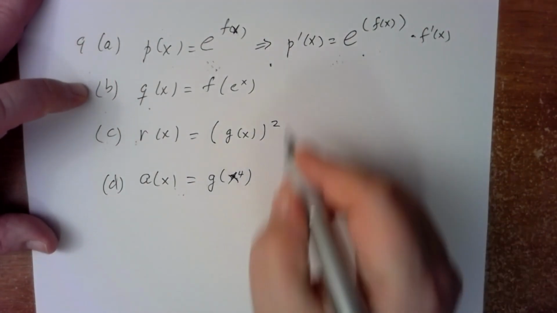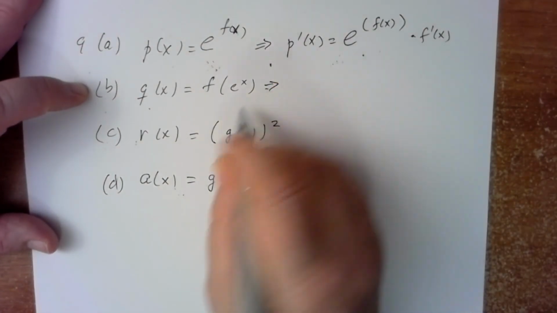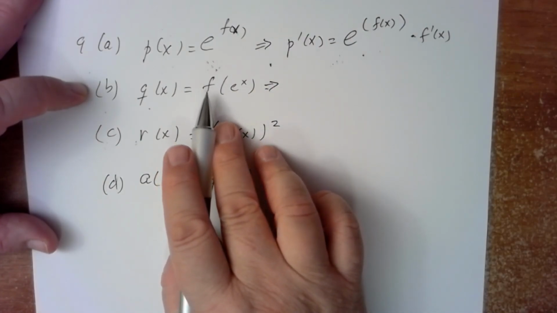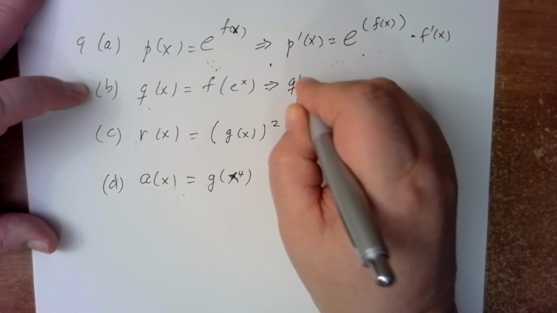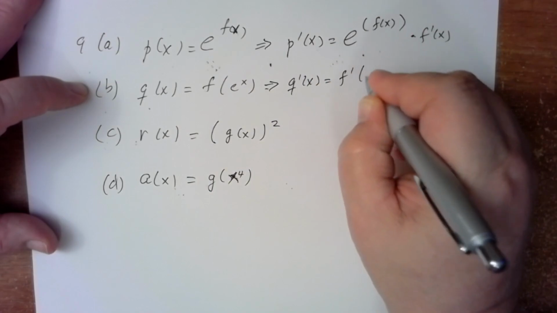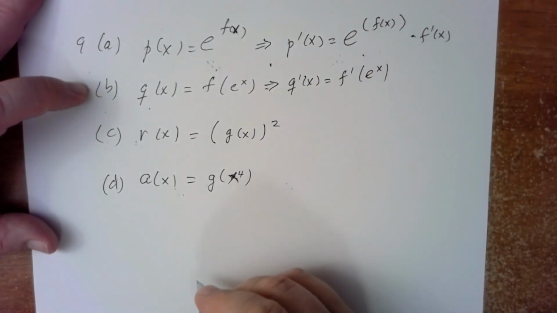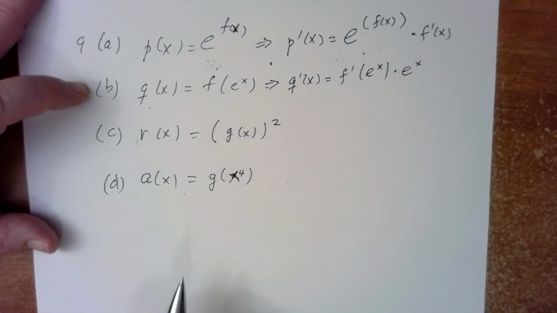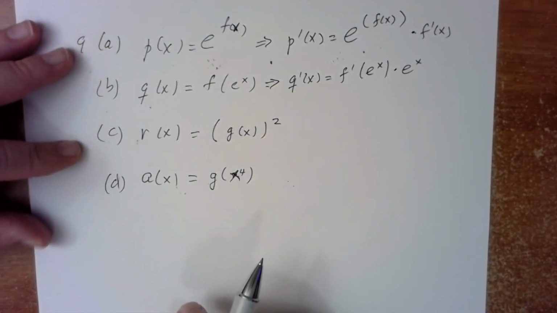Good. B is very similar, except now e to the x is your inside, and f is your outside, right? So therefore q prime of x would be f prime with e to the x stuck in there, and then you multiply by e to the x. Good.